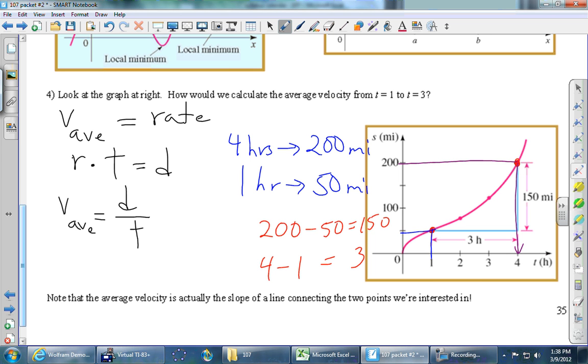And what do we do to get the average velocity? Distance over time. So don't we have to divide these guys here? So we get 50 as our average velocity. And if we put units, then it'll actually sound like an average velocity. What were the units upstairs? It was miles. And the units down there were hours. 50 miles per hour. That sounds like an average velocity to me.